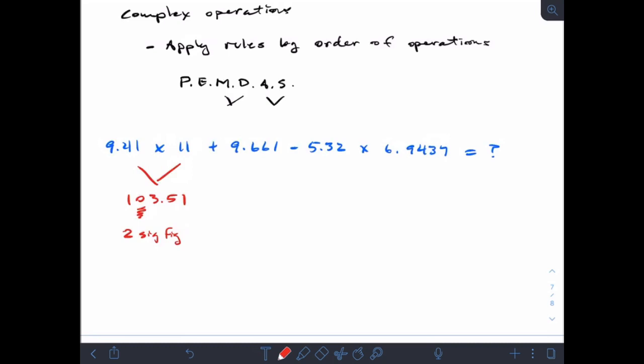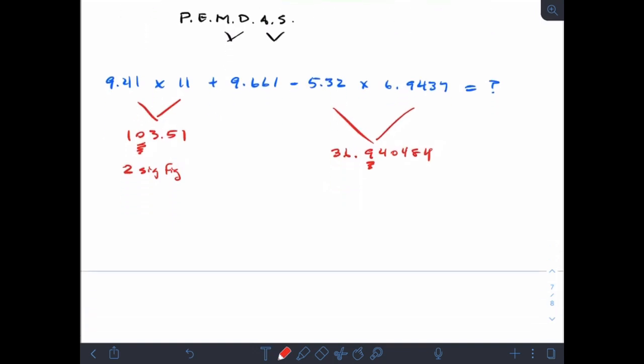All right? So now we're going to do the other multiplication and plug that into the calculator, and we get 36.940484. And we're multiplying 3 significant digits by 5 significant digits. So I'm going to keep track of this number at the third significant digit. Right, so now I can do the addition and subtraction.